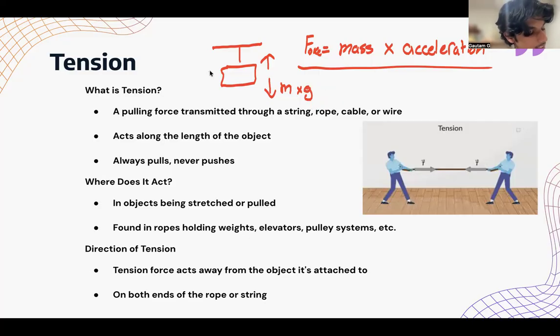And since this object is staying in this position, the string is also exerting the same amount of force upwards to keep it up there. This force is also going to be m times g, but upwards, correct?